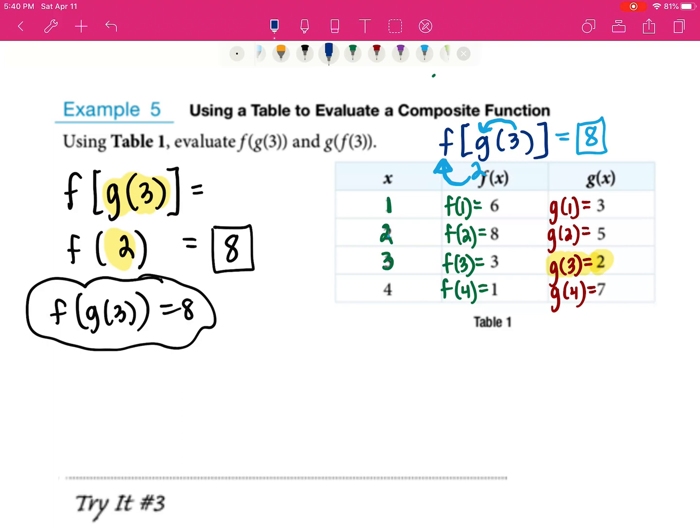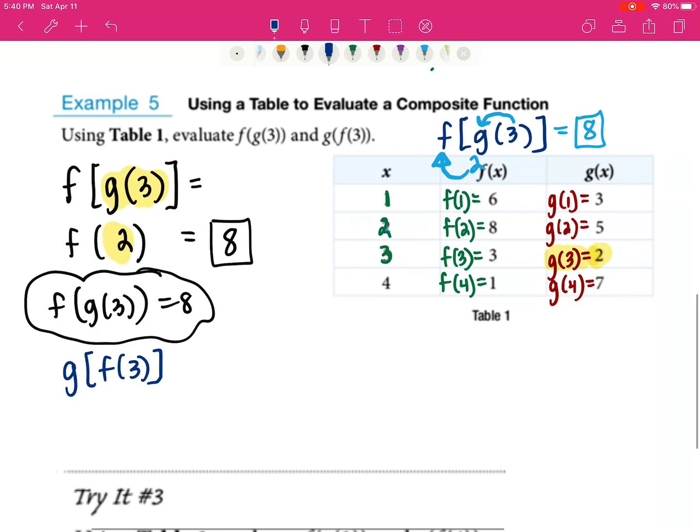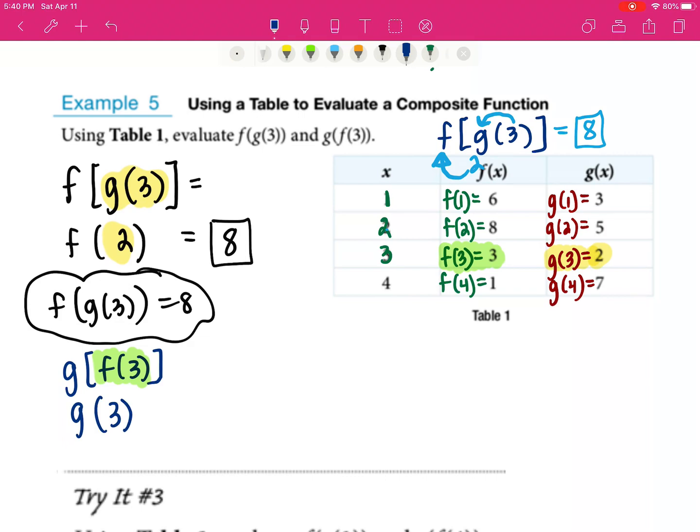Now the next thing we need to find is g of f of 3. Well, f of 3, when you put a 3 into the f function, you get a 3 out. So we're simply going to put that 3 in for f of 3, because that's what f of 3 is equal to.